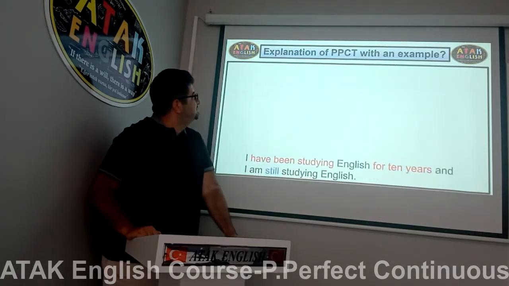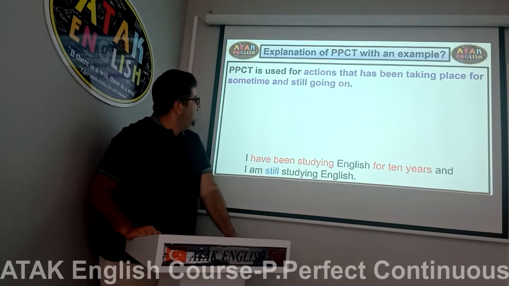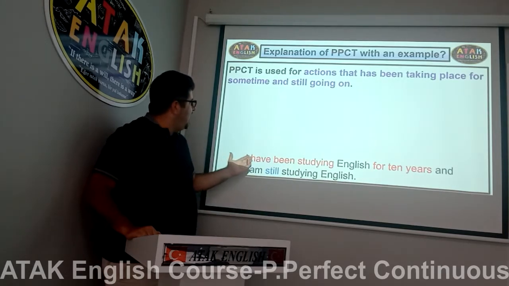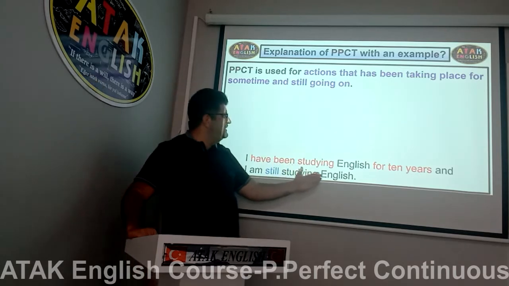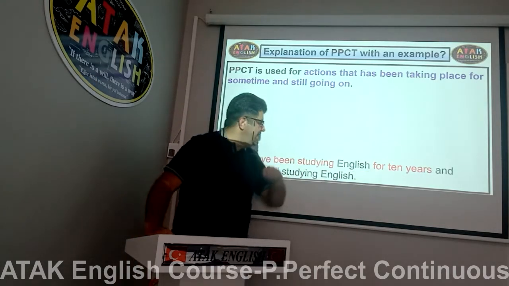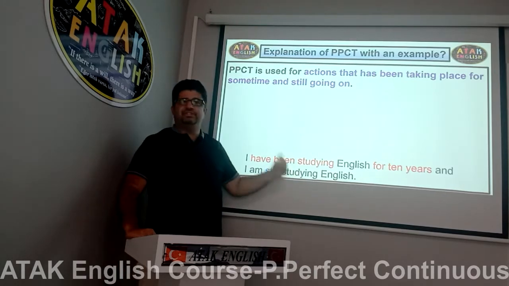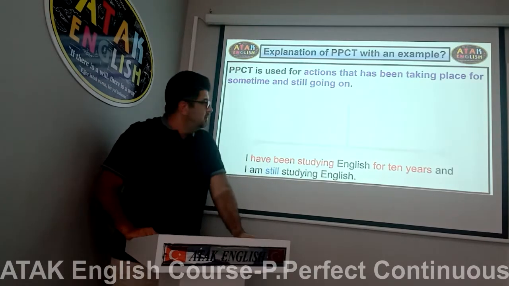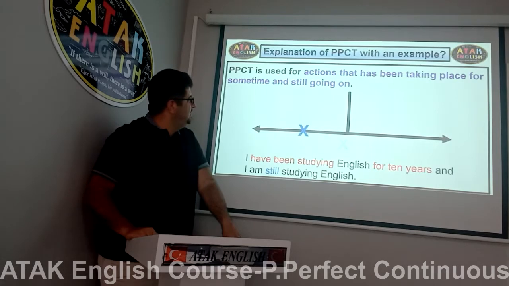Okay, let's try to explain it with an example. I have been studying English for 10 years and I am still studying English. Okay, let's see it on the timeline. There you go.